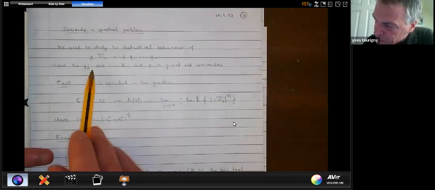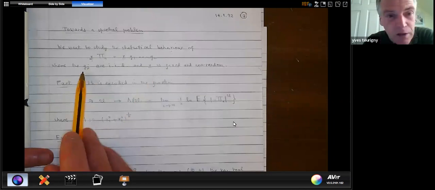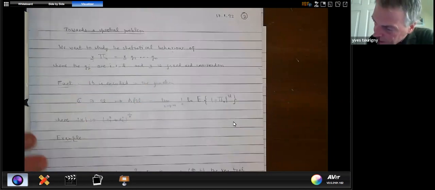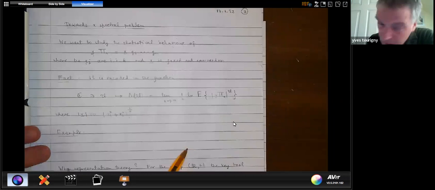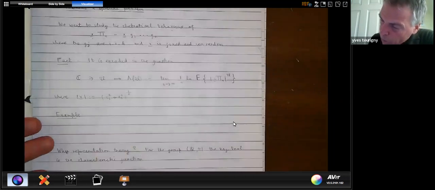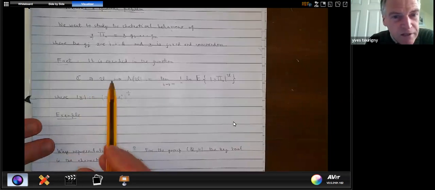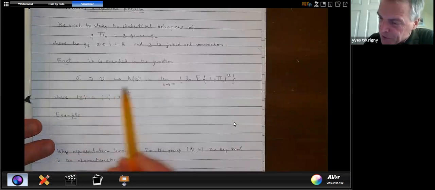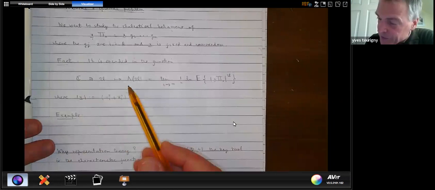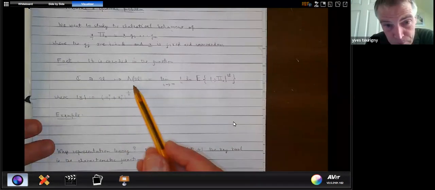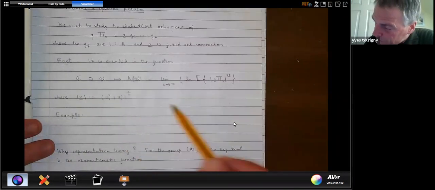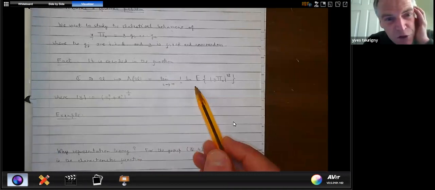And these matrices will be independent and identically distributed. Now, here I just state one fact, namely that the object that gives access to the statistical behavior is this object. At least it's the definition of it.